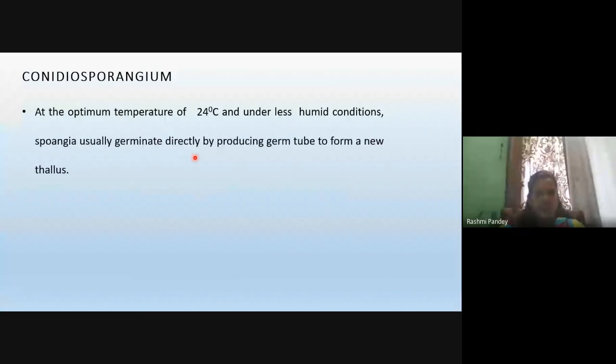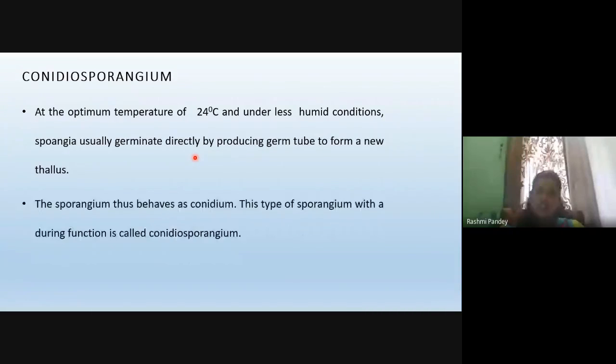This is not very common and occurs only when the temperatures are increasing, when the humidity starts decreasing, and when the fungus is not completely matured to give rise to the zoospores. At those conditions, this may happen. So the sporangium itself behaves as a conidia, having the dual functions of both, and hence called the conidiosporangium.